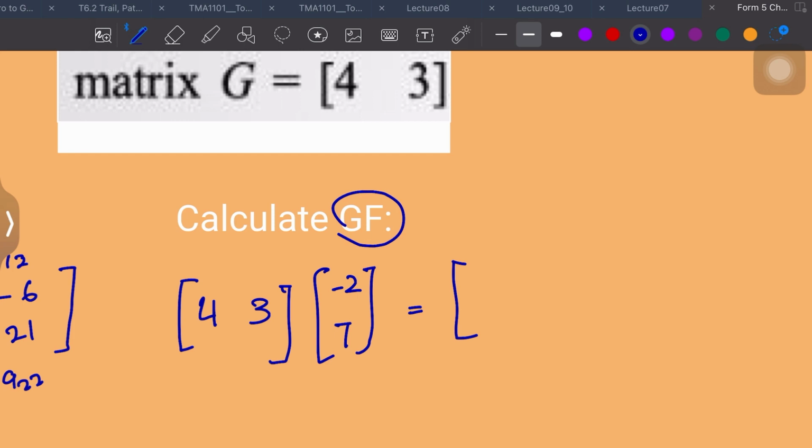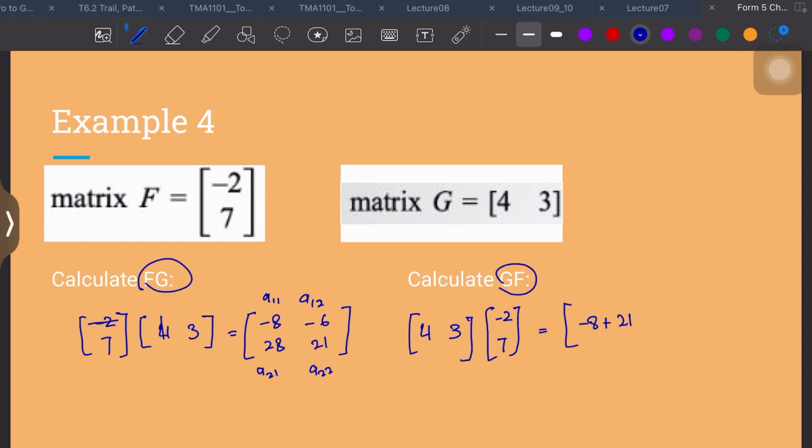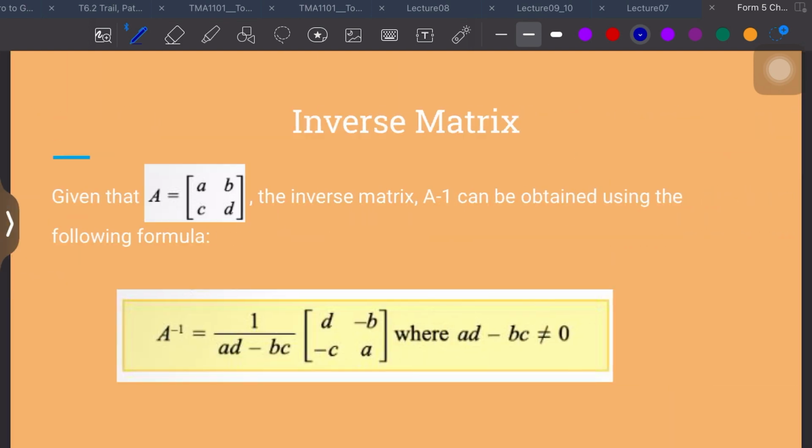There is only the first row, which is negative 8 plus 7 plus 3 times 21. Alright, that will be it.